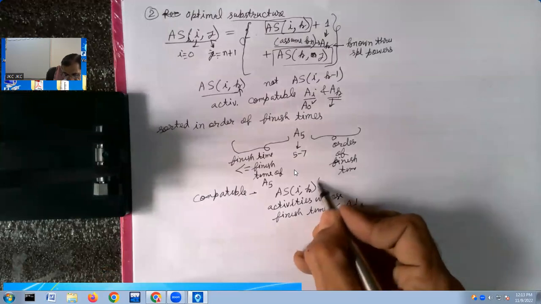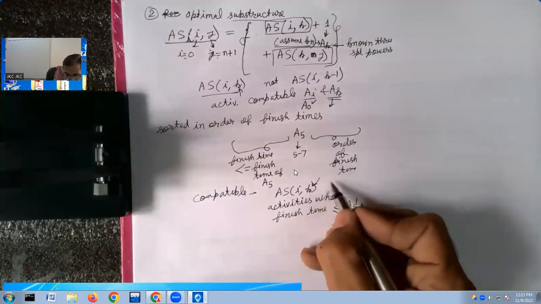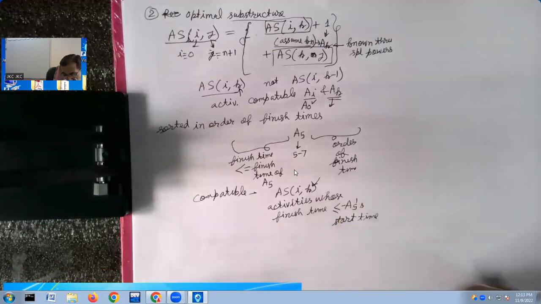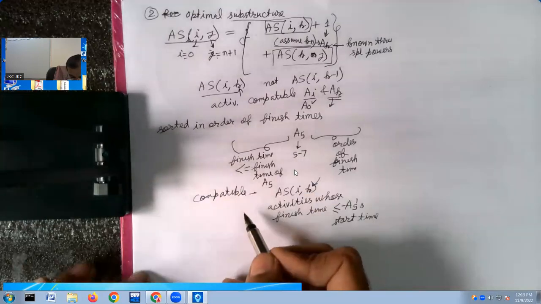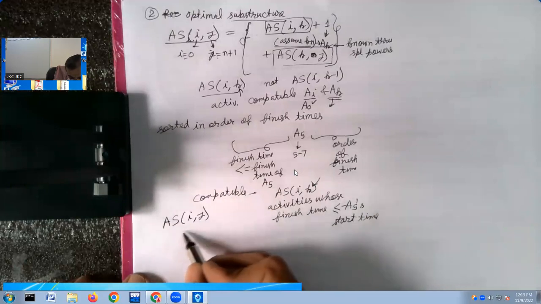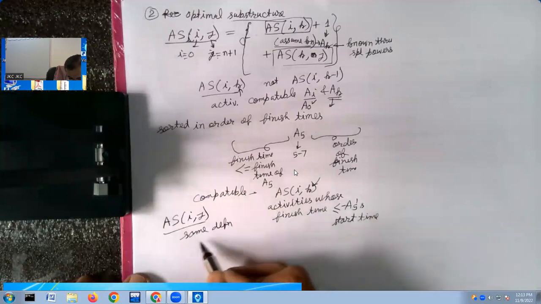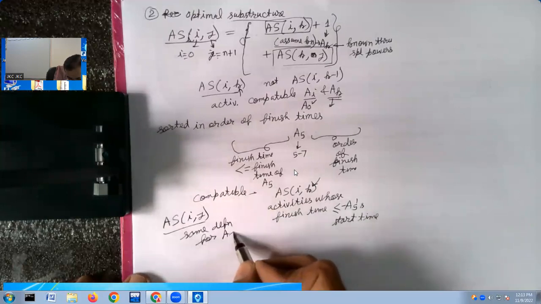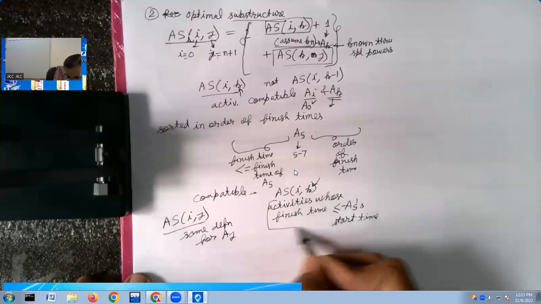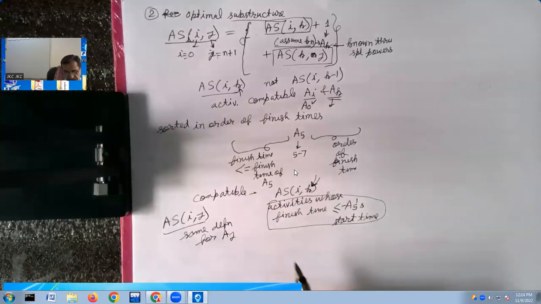Because k is the last activity, like An plus 1. An plus 1 has a start time of infinity. So my same definition of AS ij also had the same definition for Aj. So the same definition is still applicable for this k, and I need not write k plus 1, k minus 1.